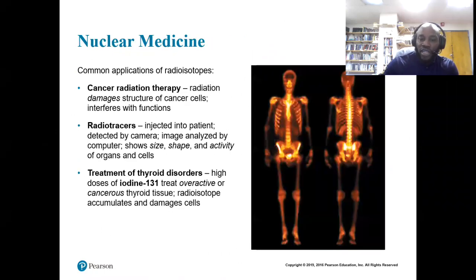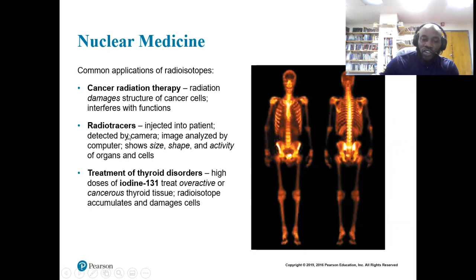And here's how we use that in nuclear medicine, right? Radioisotopes can be used for cancer radiation therapy. Radiation damages the structure of cancer cells, so you inject the cancer cells with these radioisotopes. They shoot off these extra neutrons, release this radiation, which can help kill the cancer cells.